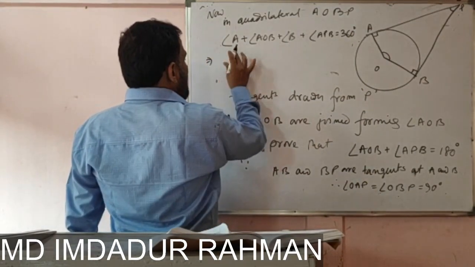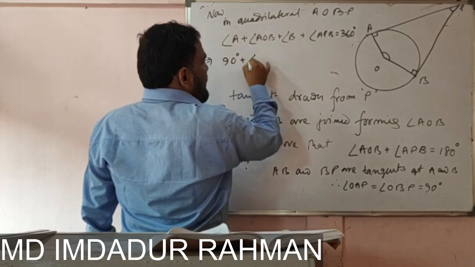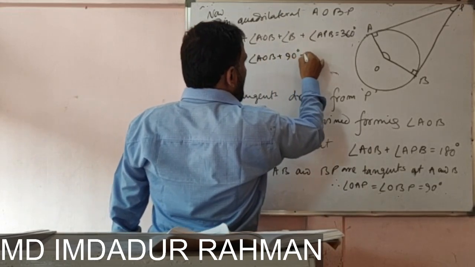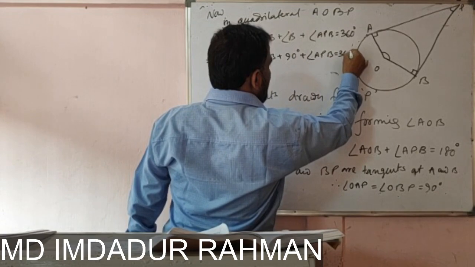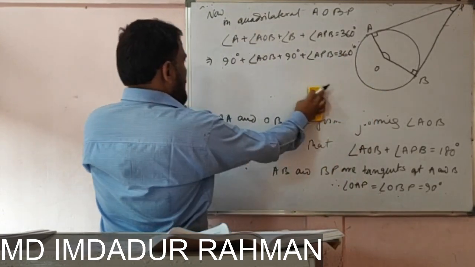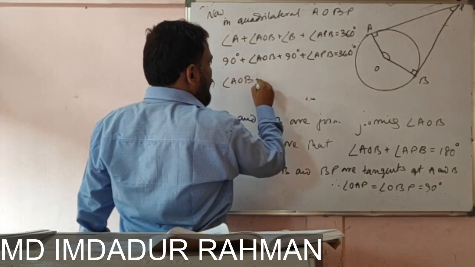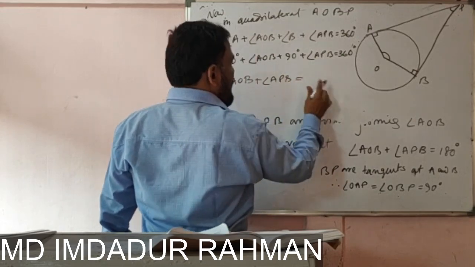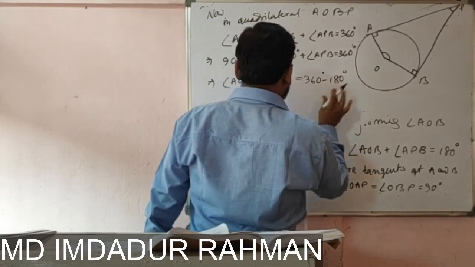So simply put the values: 90 degrees plus angle AOB plus 90 degrees plus angle APB is equal to 360 degrees. So angle AOB plus angle APB is equal to 360 degrees minus 180 degrees.